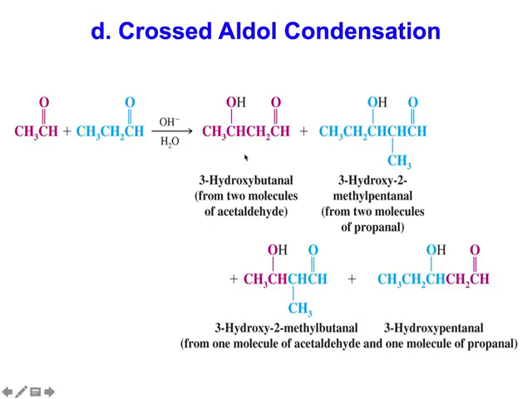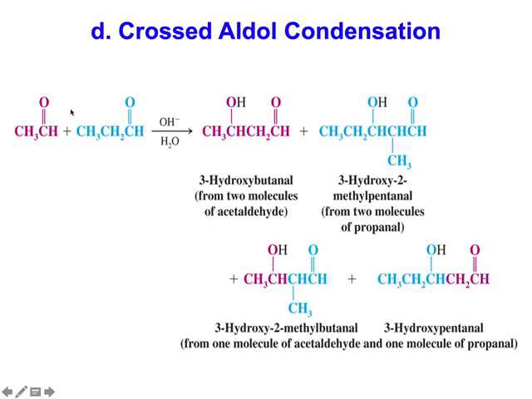So this one is alpha, beta, because this one and this one are the products from this aldehyde. This one is from two molecules of acetaldehyde. We call this cross aldol condensation, so you can get a mixture of aldol products. Because we are using different aldehydes, the first product must be between these two molecules of acetaldehyde.